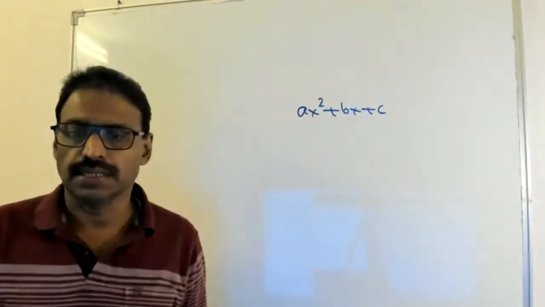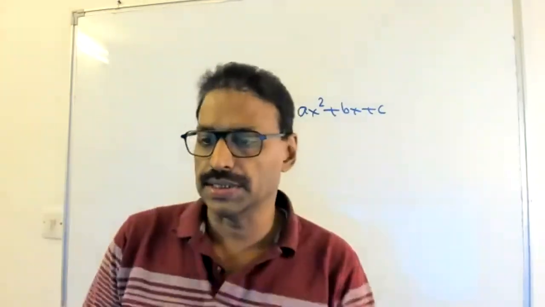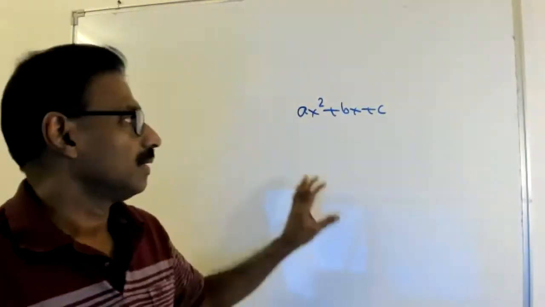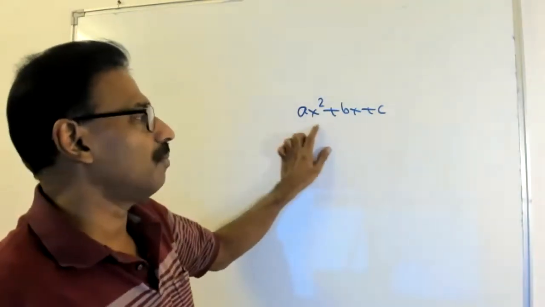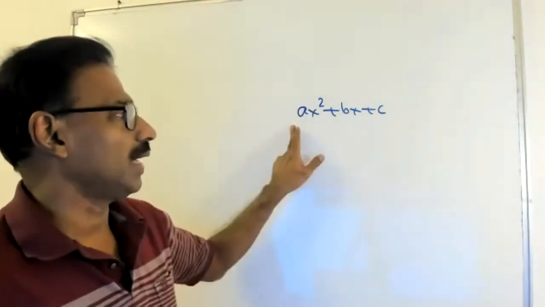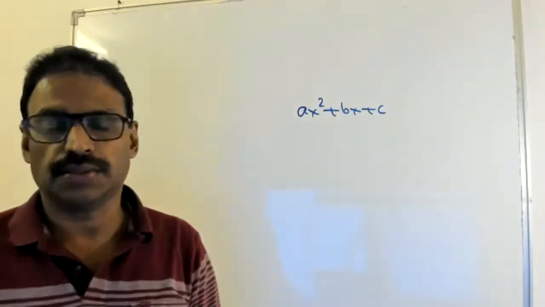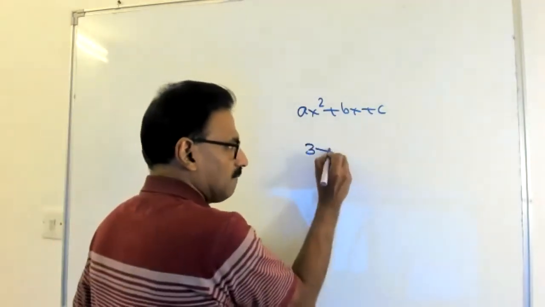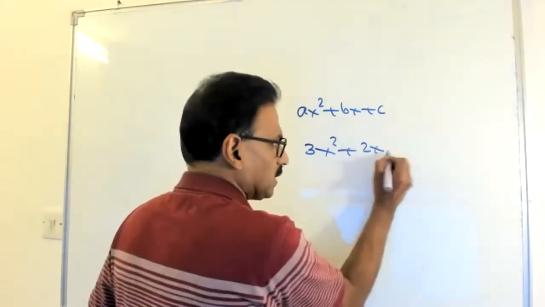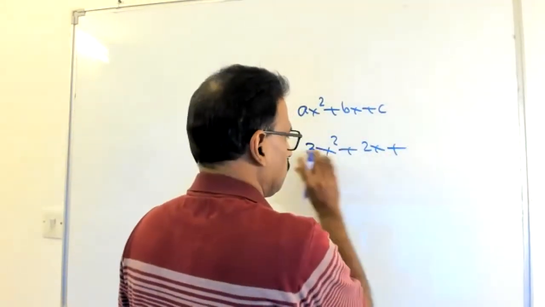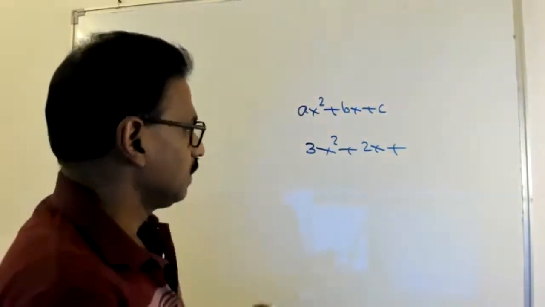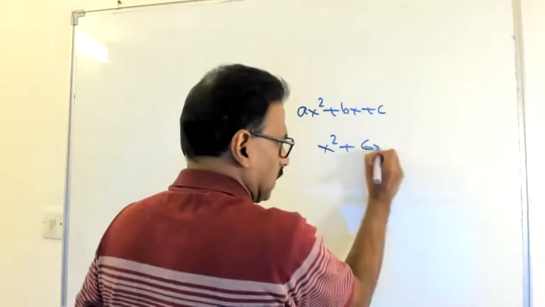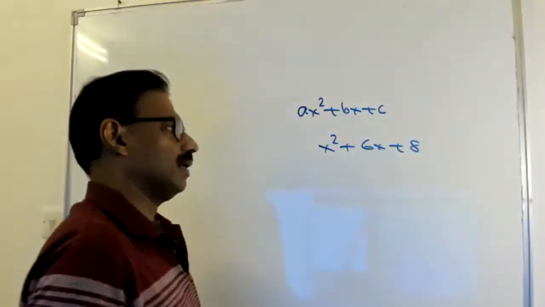Listen, everyone. I'm just revising the chapter. Okay, not fully. This is the general form of a quadratic polynomial, ax square plus bx plus c. Okay, and like 3x square plus 2x plus, okay, x square plus 6x plus 8, one polynomial.